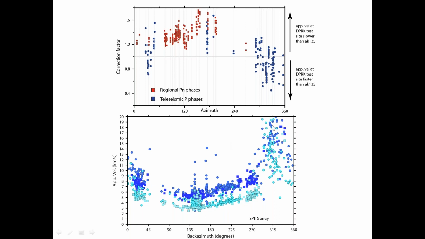So I think it's kind of obvious that we should anticipate a similar kind of behavior if we're performing double difference type locations. You would never want to locate an event near to Svalbard using a back azimuth and slowness estimate from the Spitz array without performing this correction. And if you're unhappy doing that, you should be equally unhappy doing a double difference calculation of the North Korean tests using a layered model. It's exactly the same that applies.